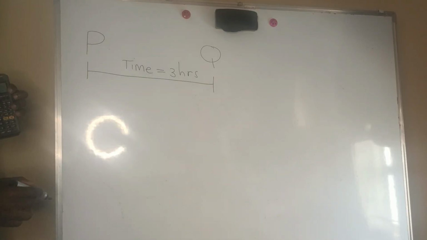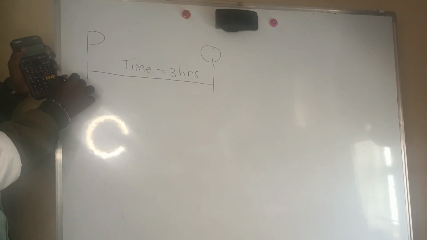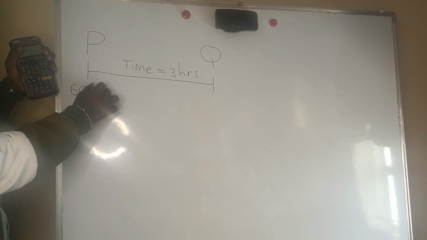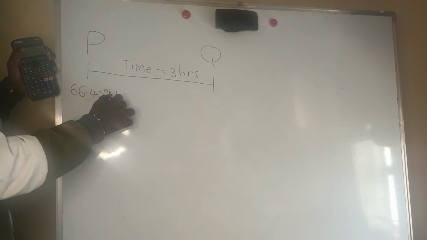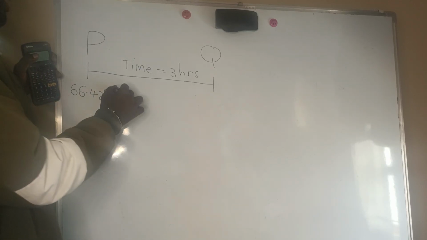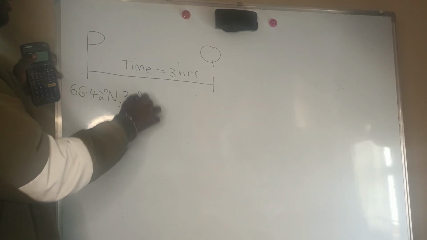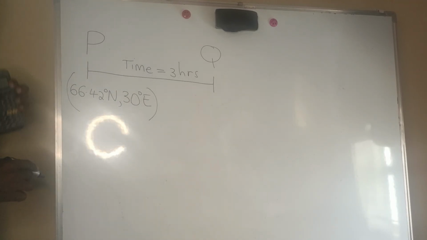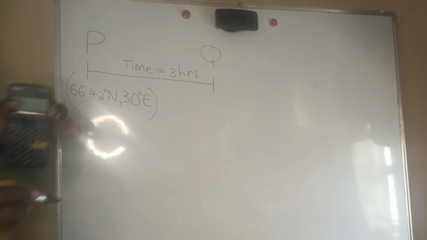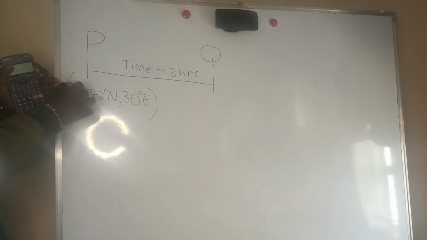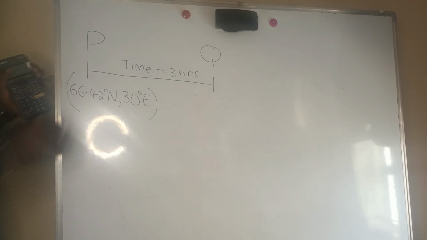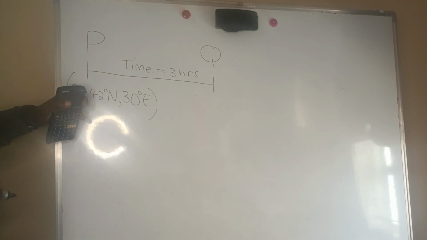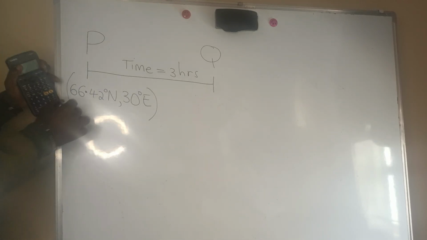And we are again told that the coordinate of P is 66.42 degrees north as its latitude and 30 degrees east as its longitude. So point P on the globe of the Earth is given this. The globe of the Earth has this point P with this coordinate, this serving as our latitude and this serving as our longitude.